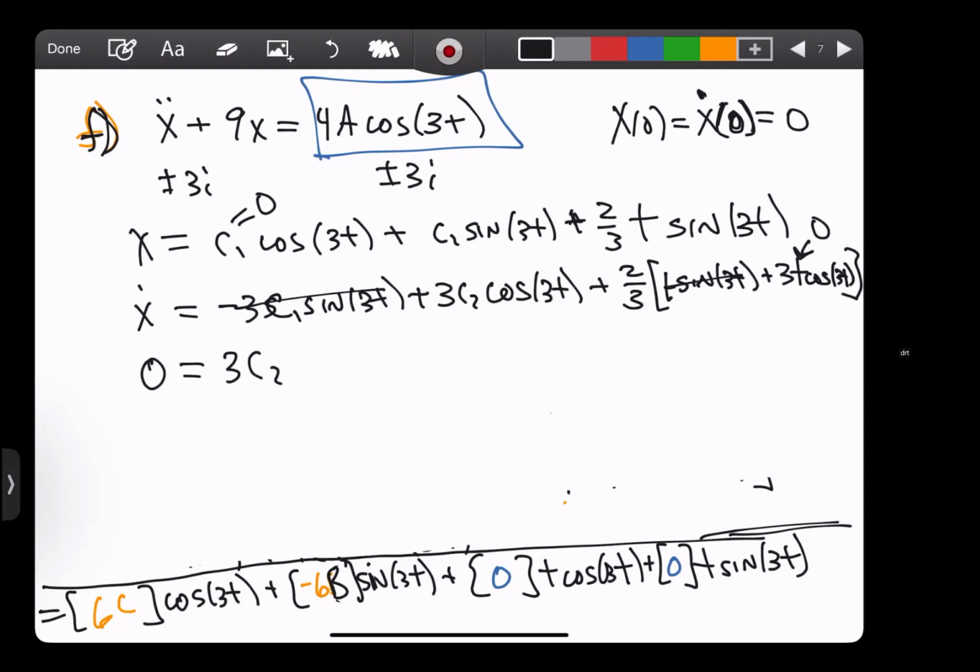Is this possible? I'm checking this out. Right now, it's seeming like c2 is going to be 0 as well. Is that believable?